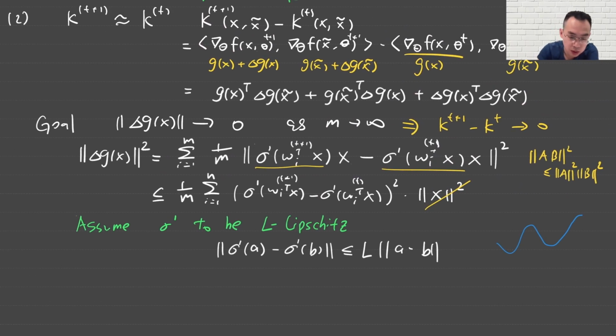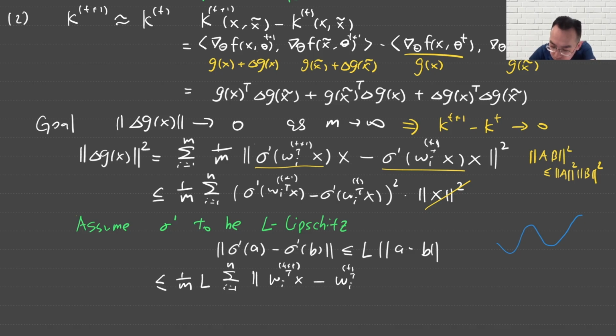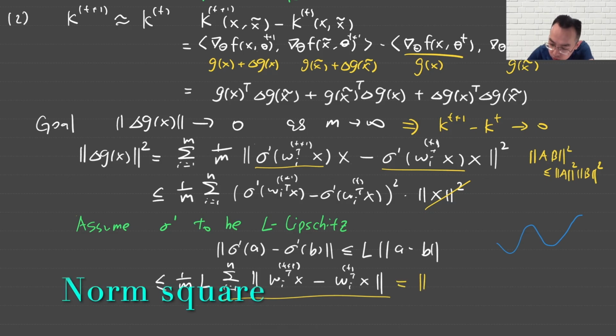And then we'll have this is smaller or equal to 1 over m, times L, and then we'll have the sum from 1 to n of the difference between the parameters, right? Between Wi transpose x at step t plus 1 and at step t. The difference between those two. And you see here, this is just going to be the norm of the theta.